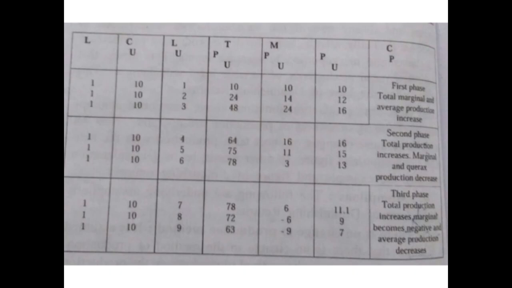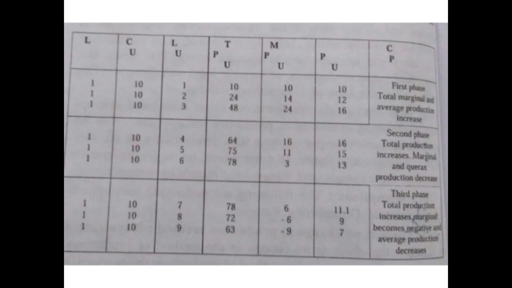Your labor unit goes up from 1 to 3, right? It is 1, 2 and 3. Marginal production also increases. In other words, it can be said that total production increases at increasing rates. Average production also increases.